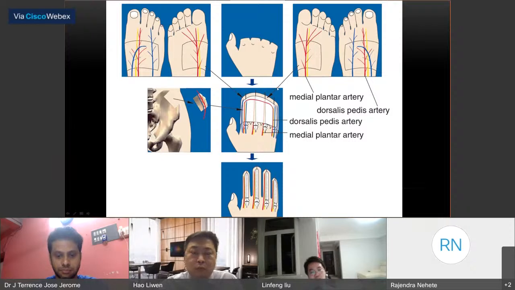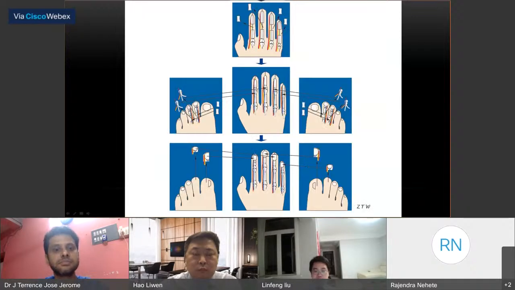In the first stage, we use the medial plantar flap and dorsalis pedis flap combined with ilium bone to reconstruct the four fingers, bone and skin. Next, we separate the four fingers, and then we transplant the joints and the nails to the fingers.